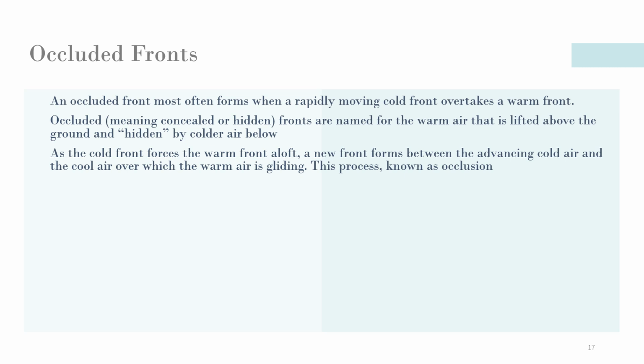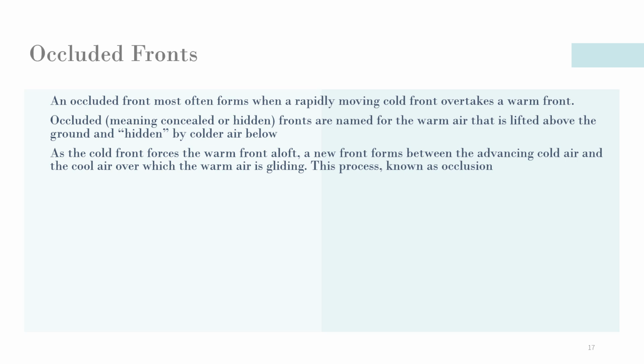So again, this is the occlusion process, which occurs in the later stage of the storm's life cycle. Occlusion, therefore, produces two fronts, one at the surface and one aloft.